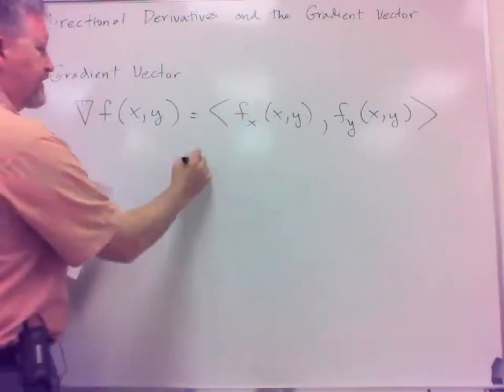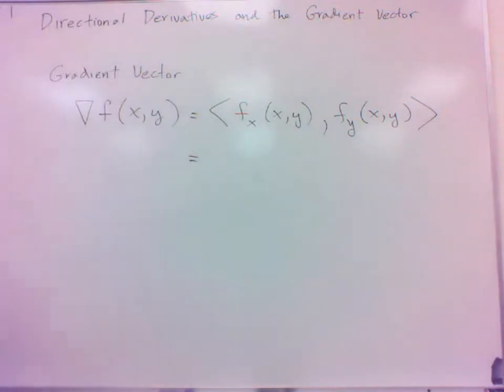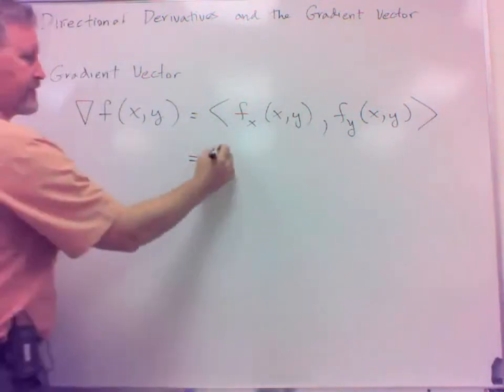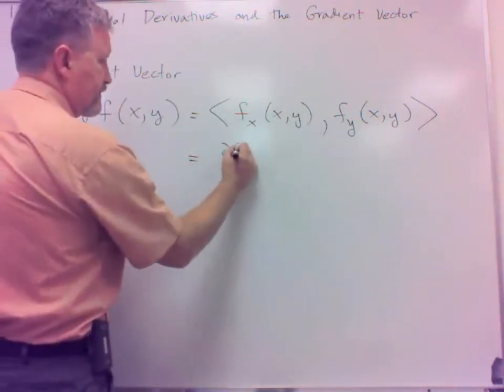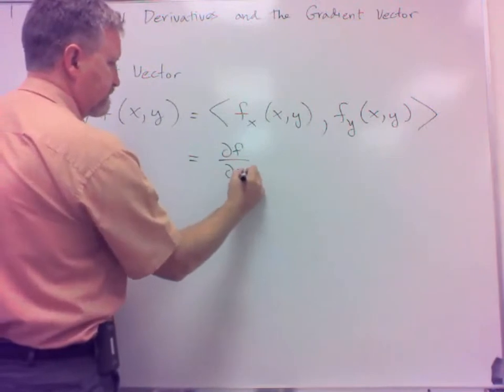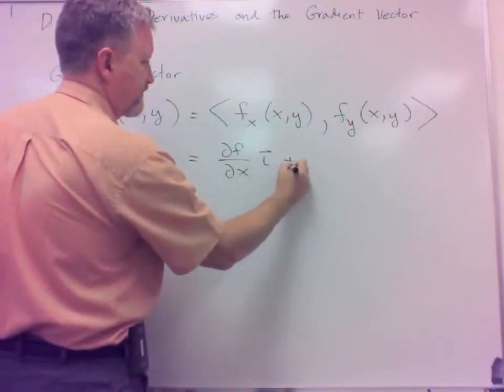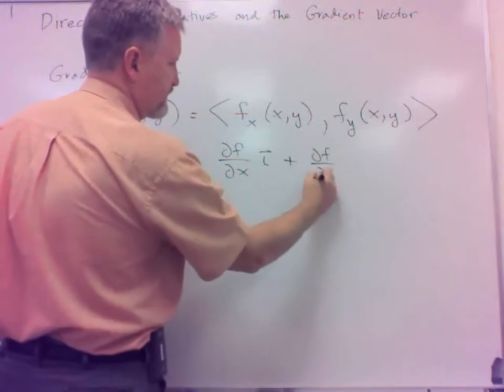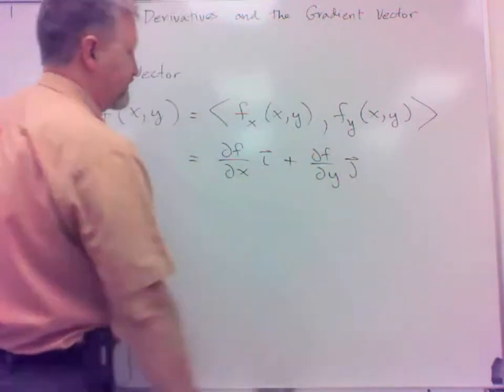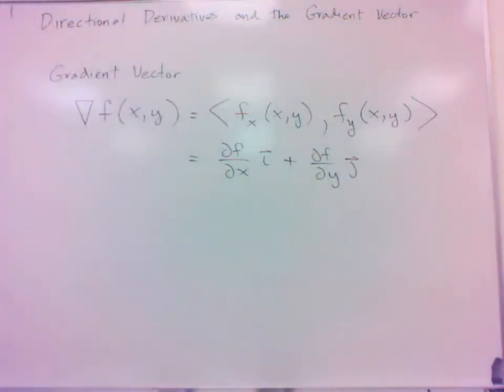And of course, if we use this notation, we could do that, and then we could also use the i and j notation, so it's two different ways of saying the same thing, or two different looks of the same thing, right?